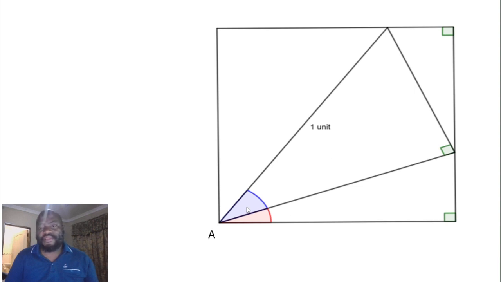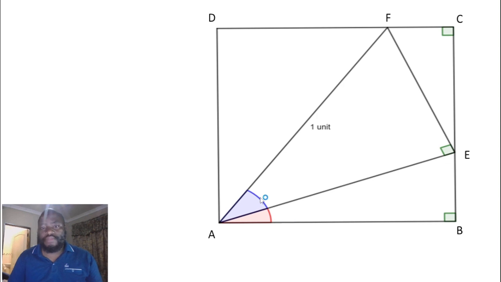Then we'll name this vertex A, this one B, this one C, this one D, and we'll call this one E here, and this will be F. Once we've done this, we see that we have a right angle triangle with its hypotenuse as 1.